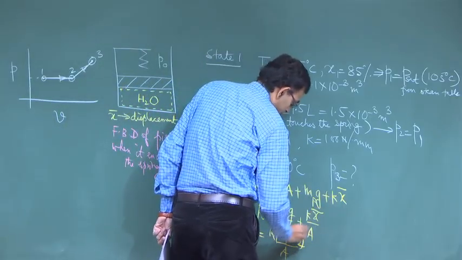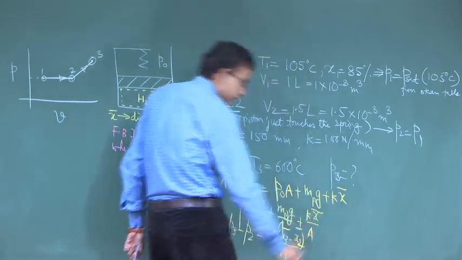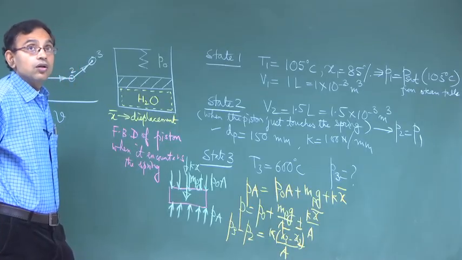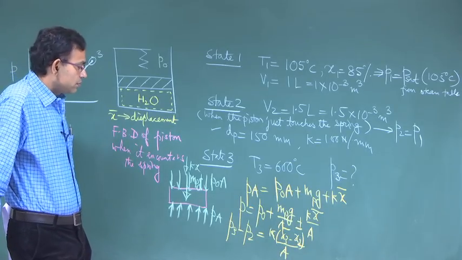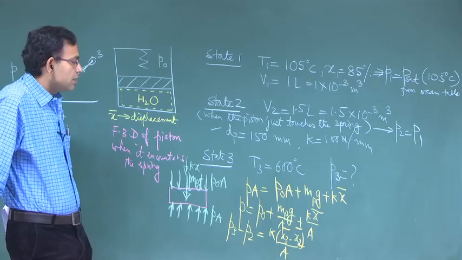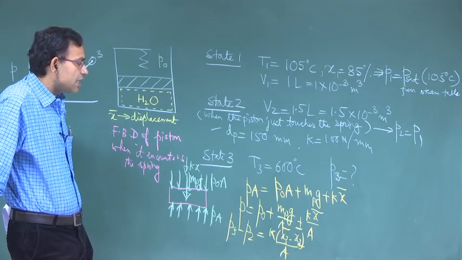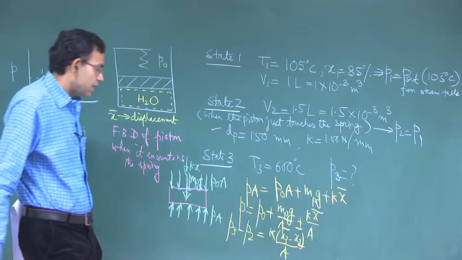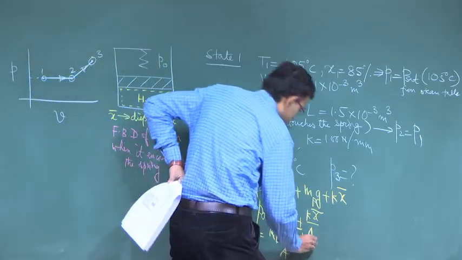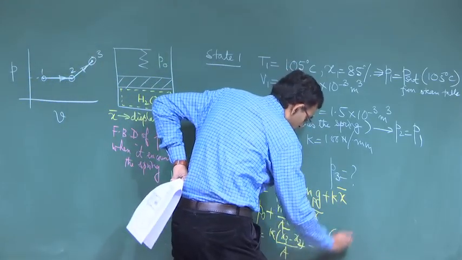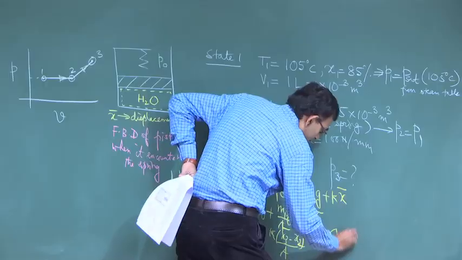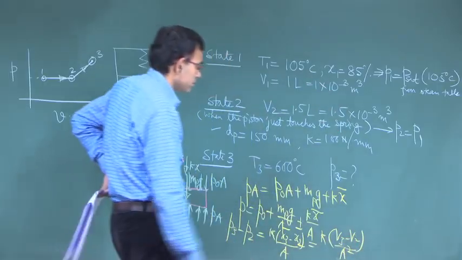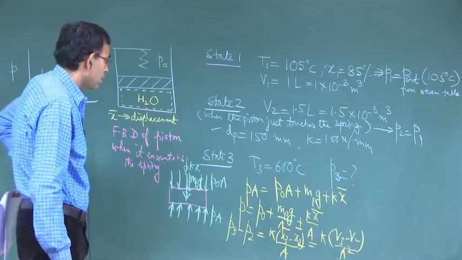So, this one. Now, what is the change in x bar? That is the change in volume divided by A. So, K into (V3 minus V2) by A squared.